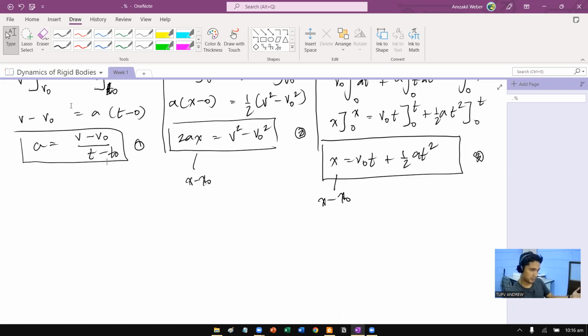We have equations for type 1 and for type 2, but we don't have one equation for all types of motion at this stage. Therefore, case by case, we have to derive the unique and specific equations for that type of motion. We will see that later with an example.